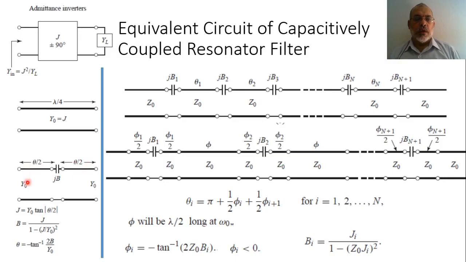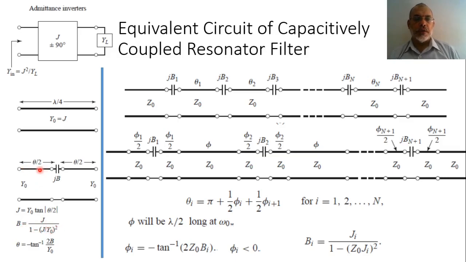where the value of J, the value of the admittance inverter, equals the characteristic admittance Y0 multiplied by tan theta over 2. And the value of B is given by J over 1 minus J over Y0 squared.